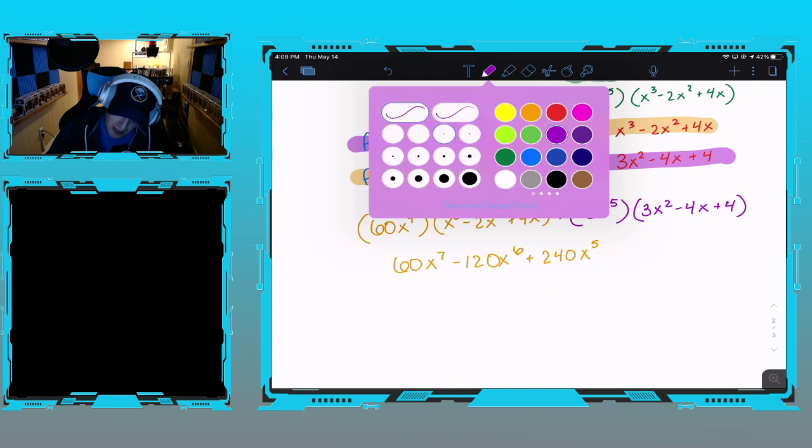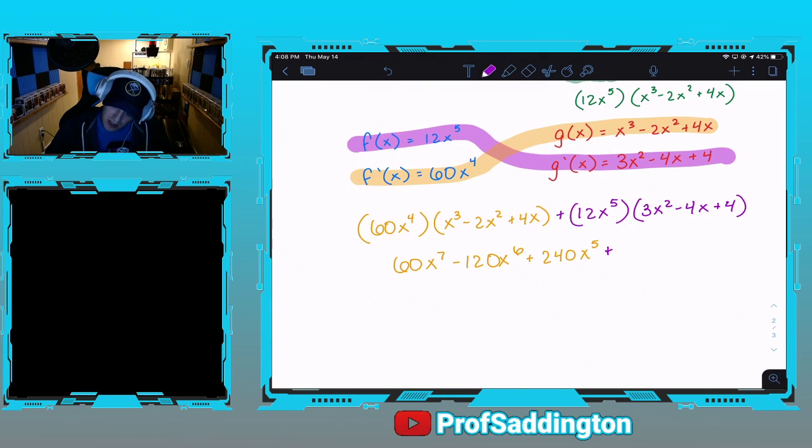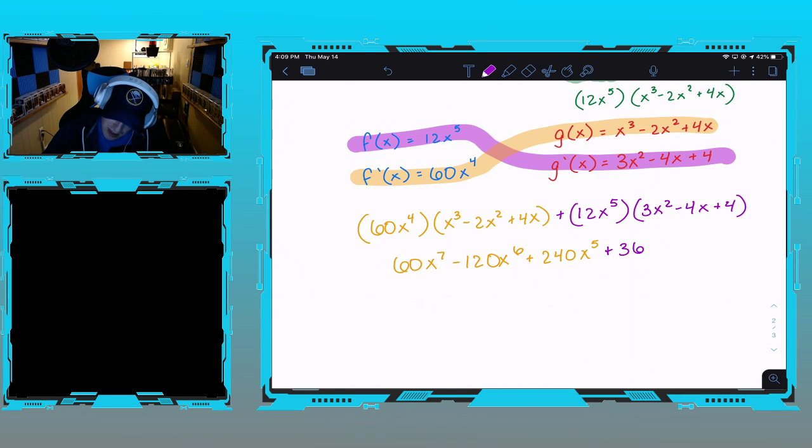Now I got to do the next part. I'll have plus 12 times 3 would be 36x to the 7th minus 48x to the 6th plus 48x to the 5th.